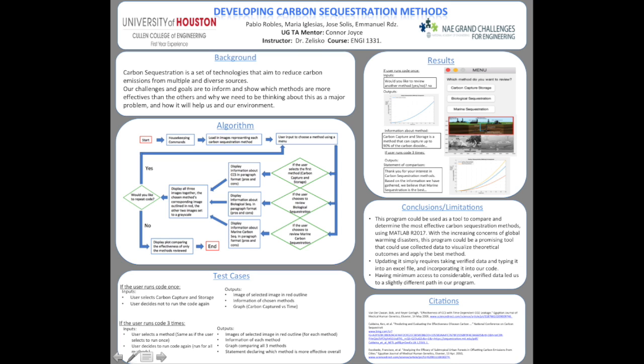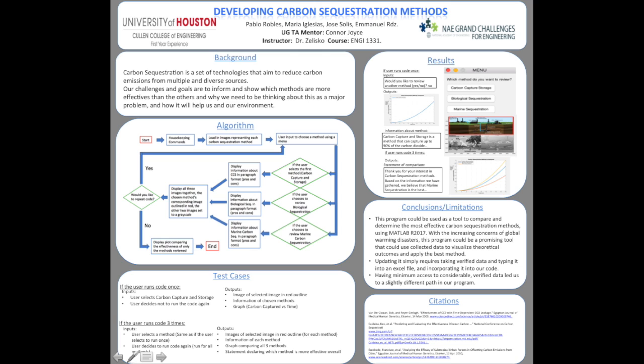The three methods are carbon capture and storage, biological sequestration, and marine carbon sequestration. After the user selects one of them, we give an fprintf command to display information, pros and cons about that topic. After that, we display an image showing the three images of the topics, and we highlight and filter the one that they choose.